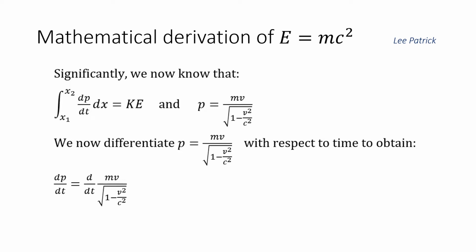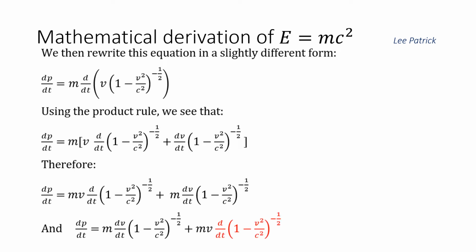We now differentiate p equals mv over the square root of 1 minus v squared over c squared with respect to time to obtain dp/dt equals d/dt of mv over the square root of 1 minus v squared over c squared. We then rewrite this equation in a slightly different form as dp/dt equals m d/dt of v multiplied by 1 minus v squared over c squared to the power of minus a half.